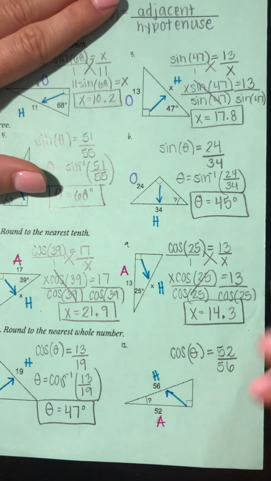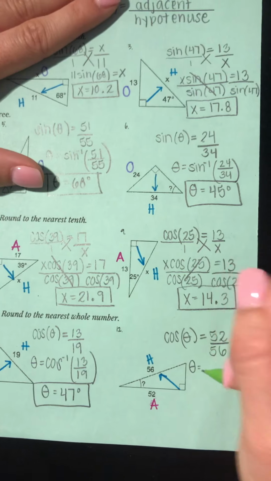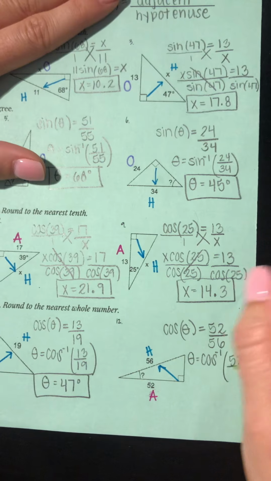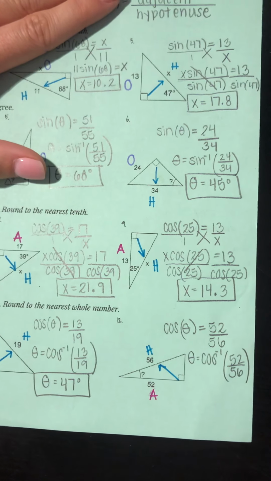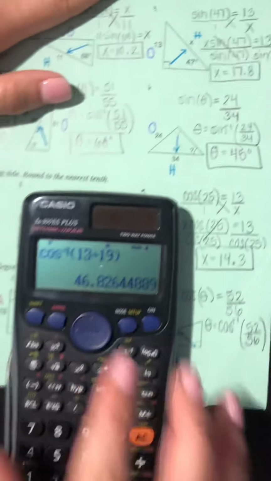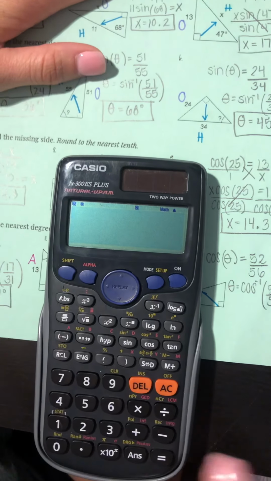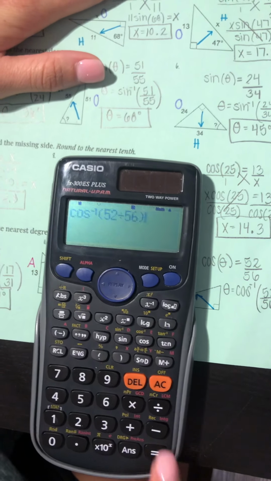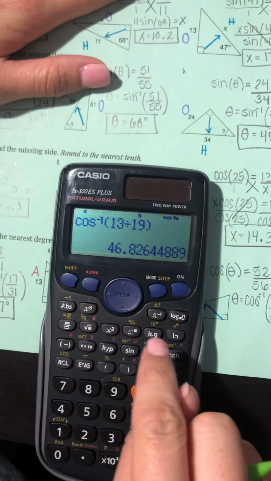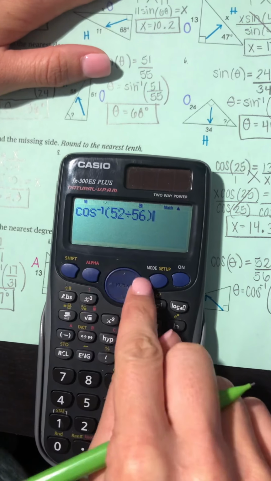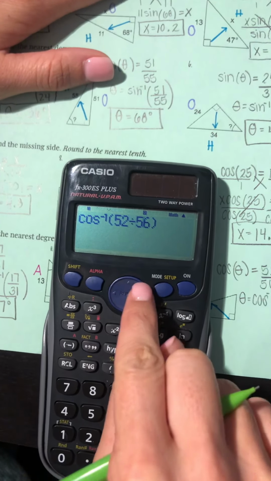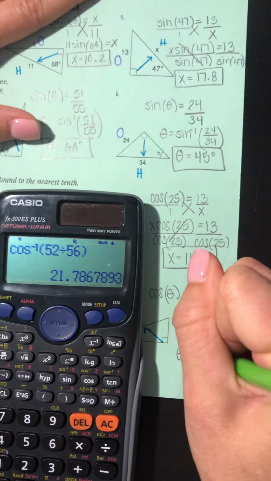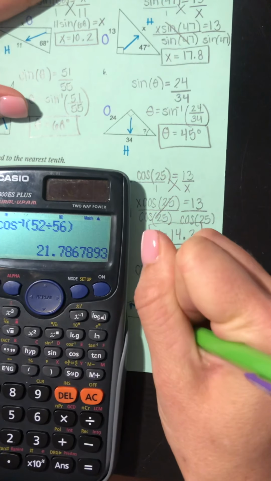And again, since we're looking for theta, we have to do the opposite of cosine. So cosine inverse, 52 over 56. So shift cosine, 52 divided by 56. And so rounding it, okay, so theta is about 22 degrees.